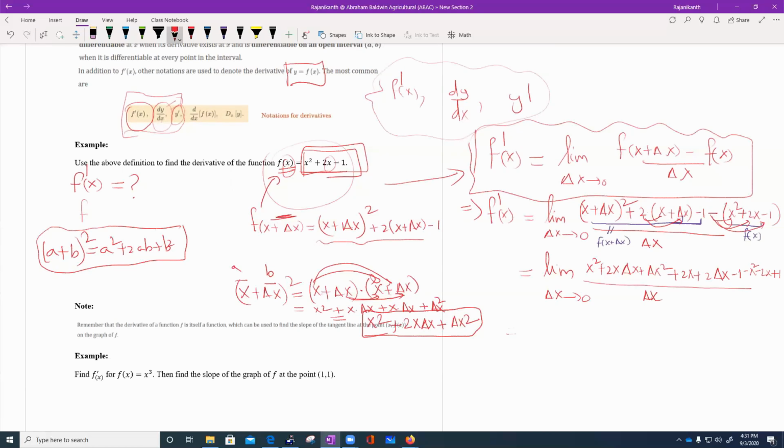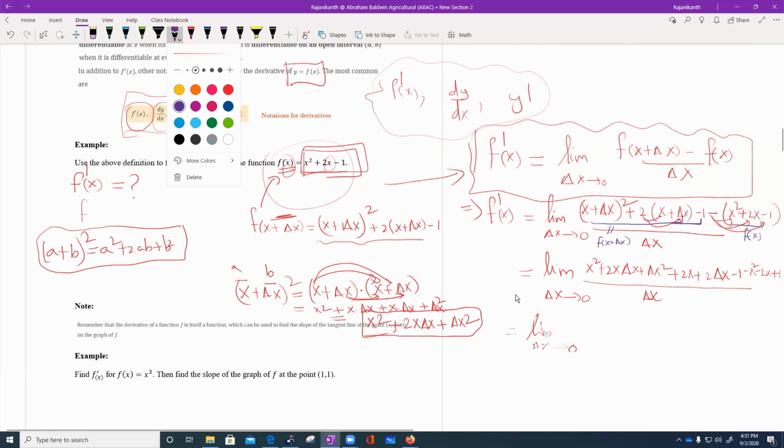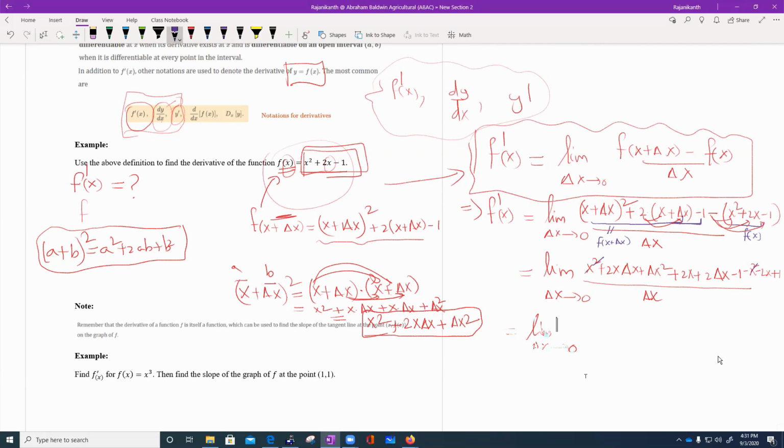Now, so many terms in the numerator are going to be cancelled. What are the terms going to be cancelled? Could you tell me? x squared will cancel with negative x squared. Then 2x, very good, with a negative 2x, and 1, very good.